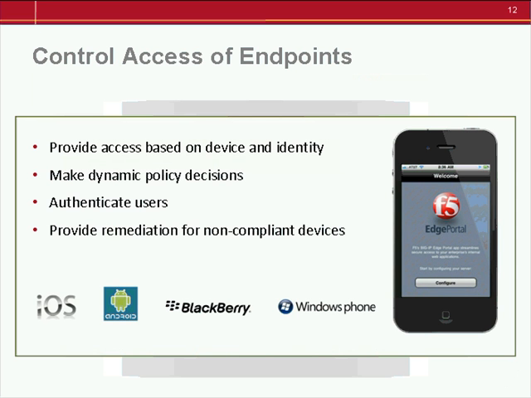You also obviously have to control the access of the endpoints. Now, we all have various devices out there. They're all, many times, requesting access. Sometimes they are our own personal devices that we're asking to be able to use on the network.